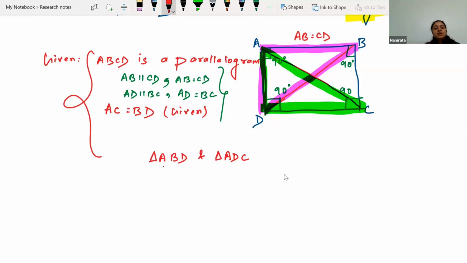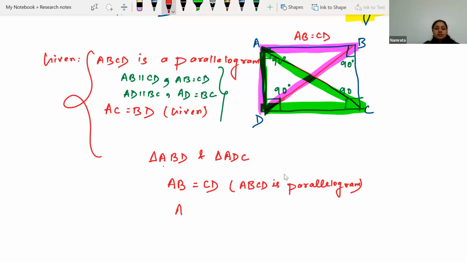Yes, ma'am. Now here I am going to say AB from here is equal to CD from there. How? Because ABCD is a parallelogram. What else do we have? Here, can you see side AD is there? Side AD is colored with pink and also with green. Can you see?